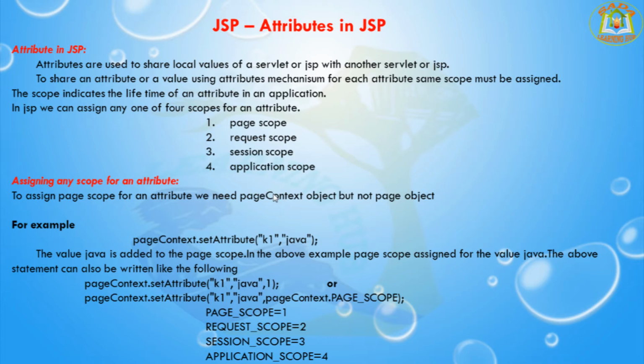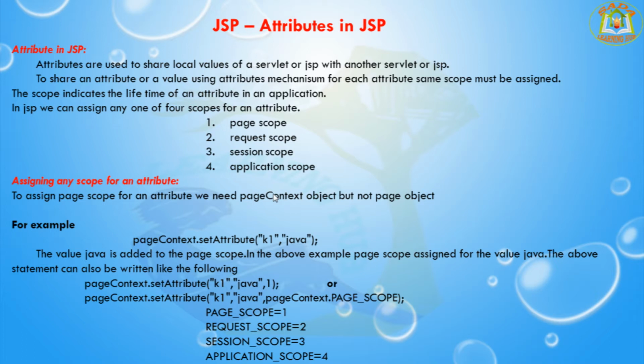For example, if you put the page scope, the attribute will be visible only within that page itself. For example, if you put your attribute into the request scope, whatever value you put in the attribute will be visible throughout the request scope.